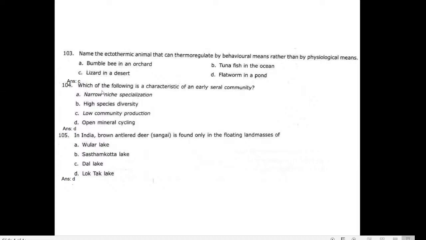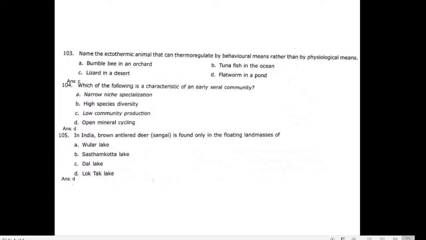Which of the following is a characteristic of the early seral community? Here the question is about the early seral community. The seral community is an intermediate stage of the ecosystem. In the normal stages, four stages are there: primary succession, secondary succession, the pioneer, and then the climax community.